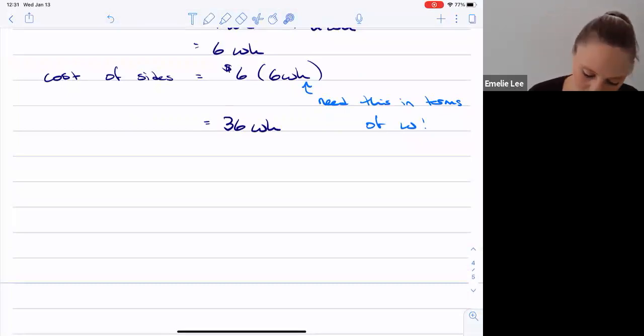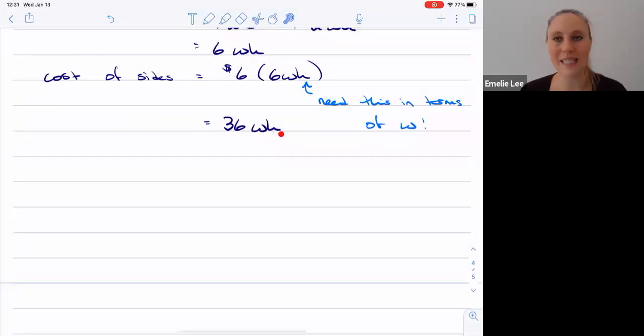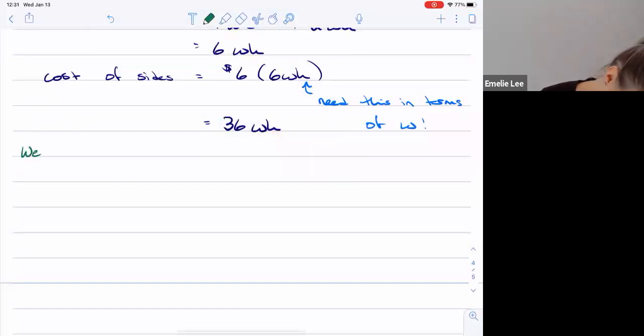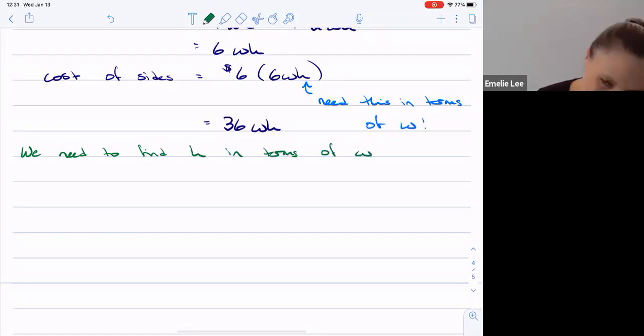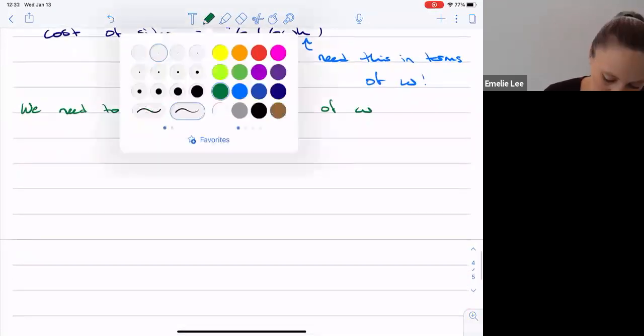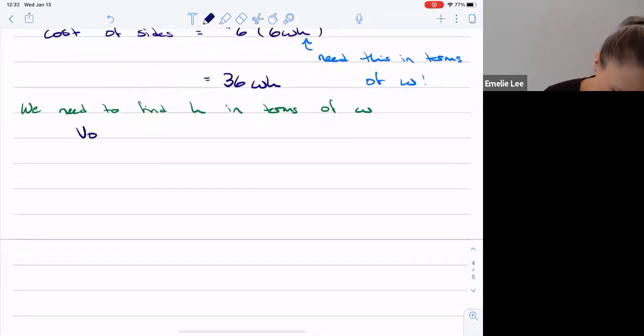So we need to find H in terms of W. H as a function of W. So we're given that the volume is 10 meters cubed, right?